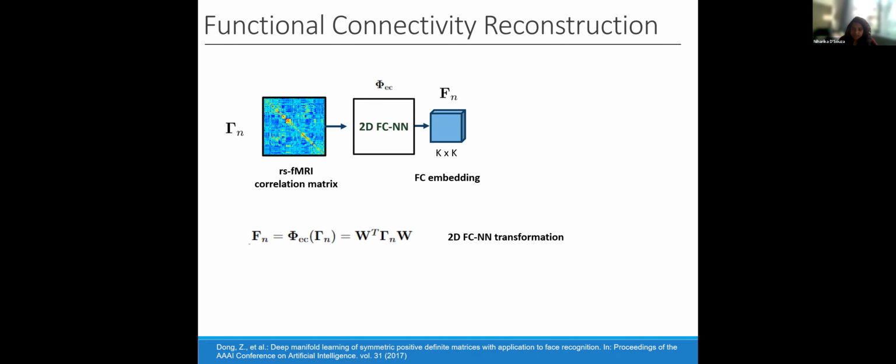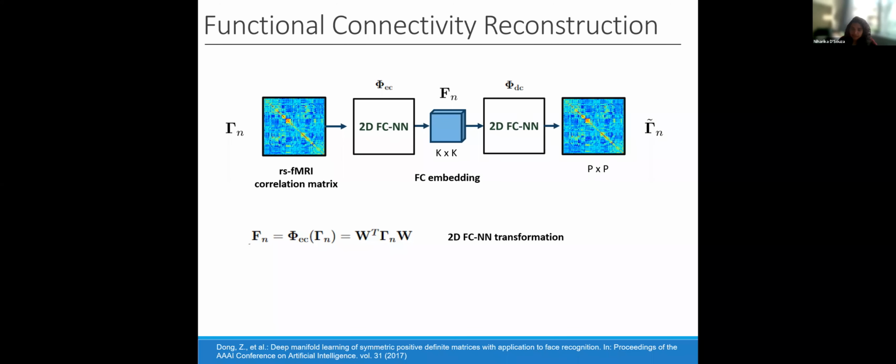Our encoder takes as input the functional correlation matrices, and we make use of 2D FCNN layers that were introduced in Dong et al. These encode a canonical outer product decomposition that can be parameterized by the weight W. From here, the decoder creates a reconstruction of the gamma n's using the same weight as the encoder.